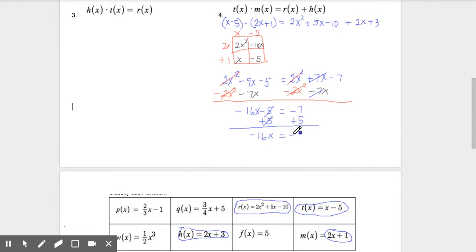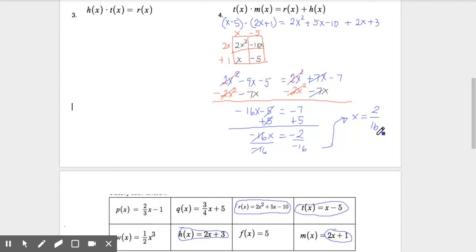Negative 7 plus 5 is negative 2. And then we'll just divide both sides by negative 16. This cancels, and we will have x equals, negative over negative is positive, so we can put positive 2 over 16.